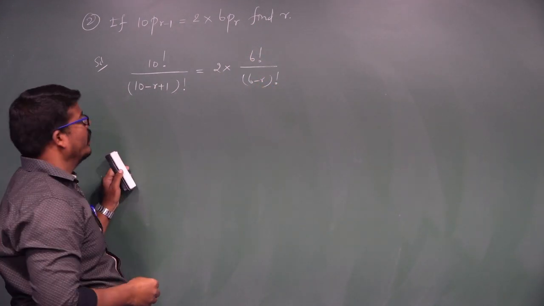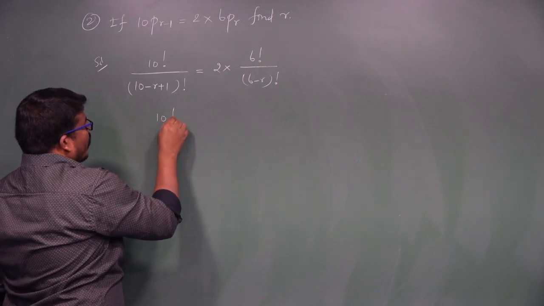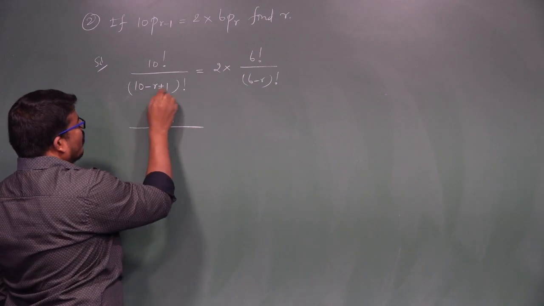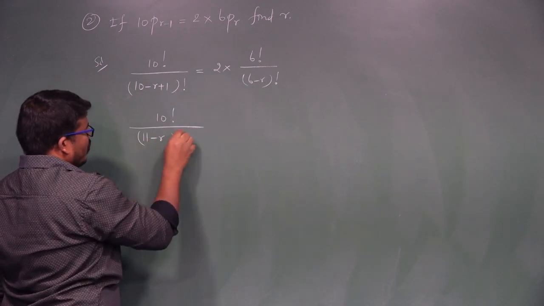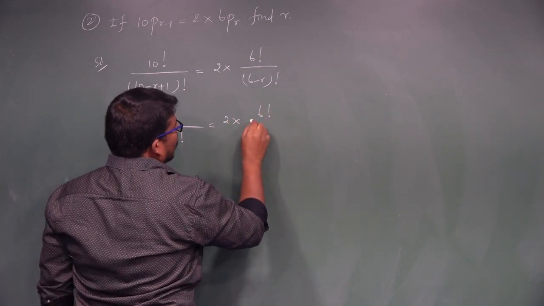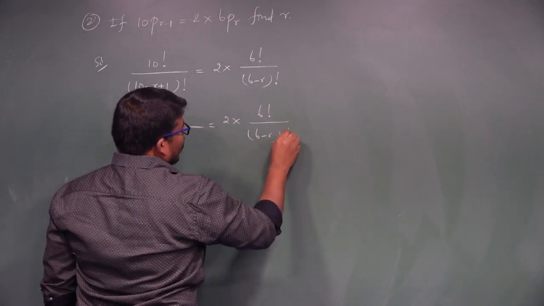10 minus r plus 1 is 11, so 10 factorial by (11 minus r) factorial equal to 2 into 6 factorial by (6 minus r) factorial.